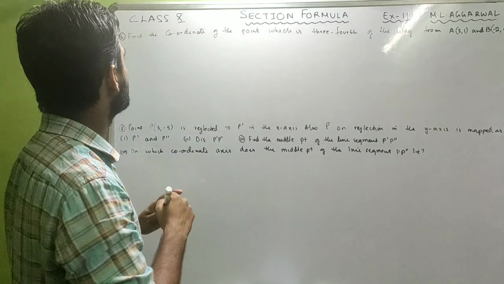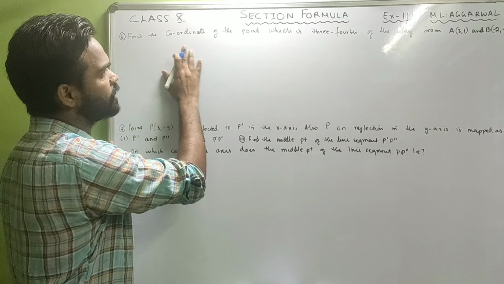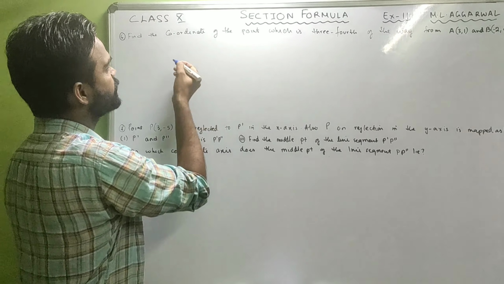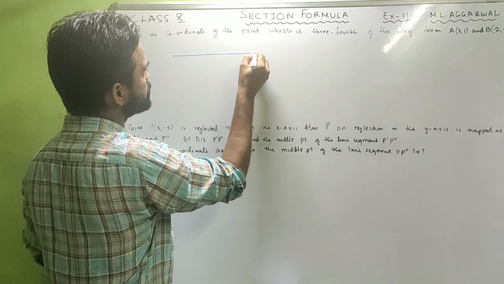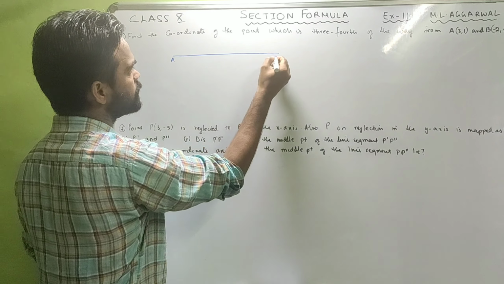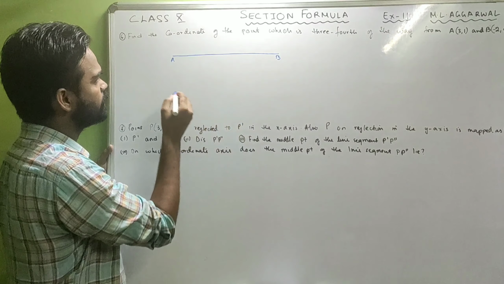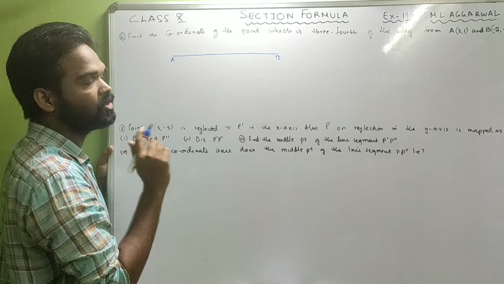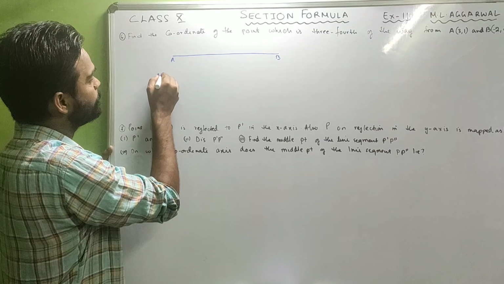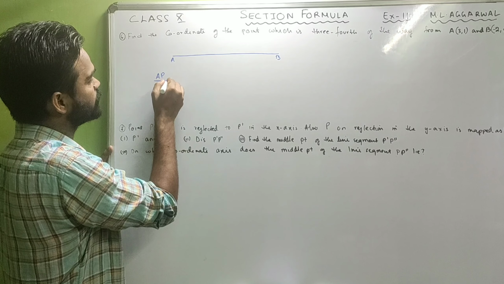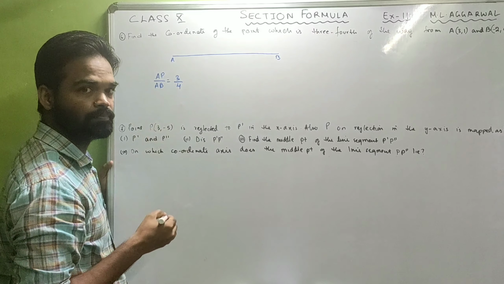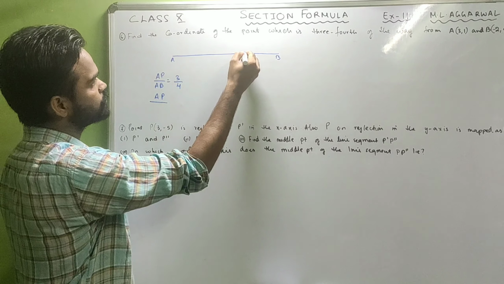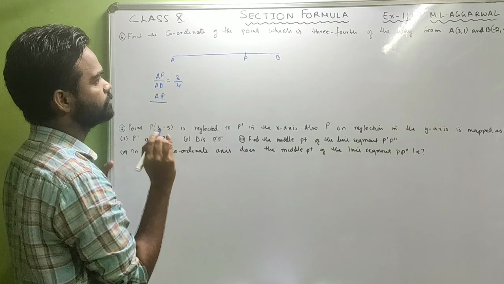Now look at sum number 6. Very interesting. Find the coordinate of the point which is 3/4 of the way from A to B. This simply means, suppose this is A, this is B. Then the point P is 3/4 of the way from A to B, which means AP is to AB, the ratio is 3:4. Suppose P is over here.